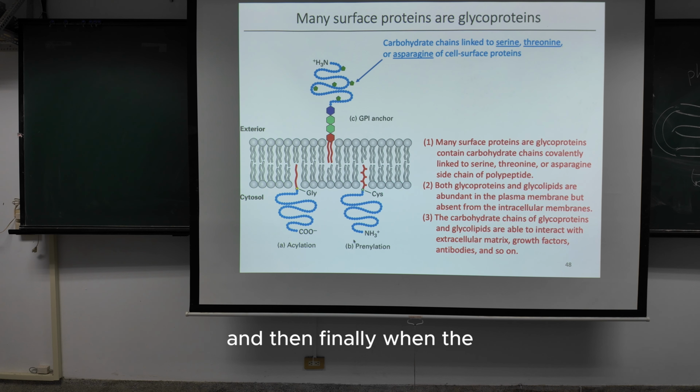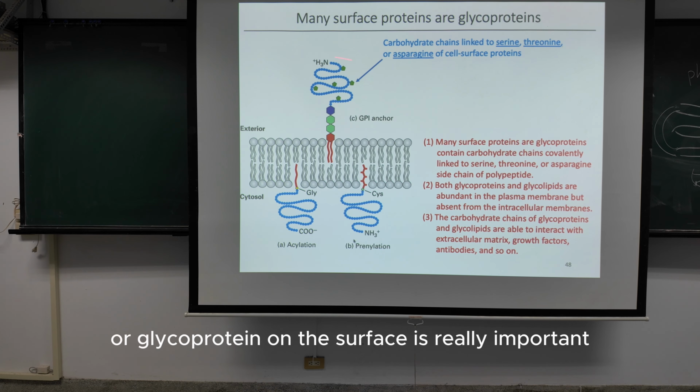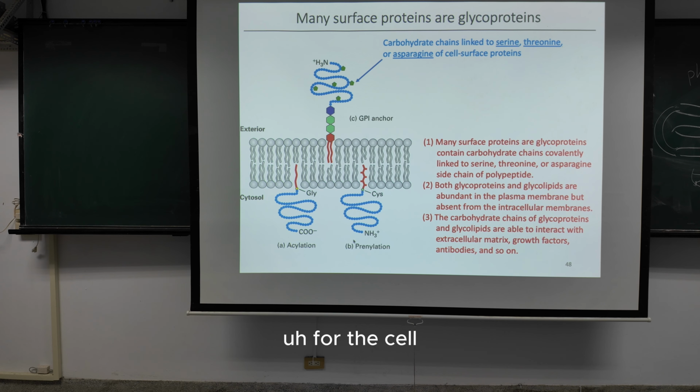Finally, when they go to the plasma membrane through vesicles, they will be arranged on the surface of the cell. Okay, and such sugar or glycoprotein on the surface is really important for cell-cell communication and many signaling outside the cells.